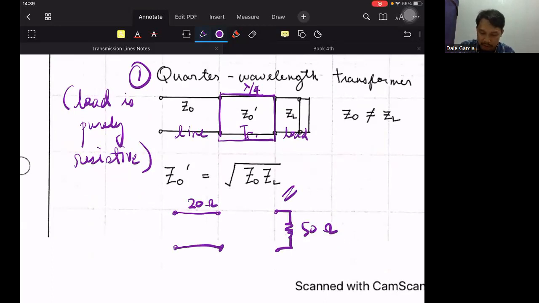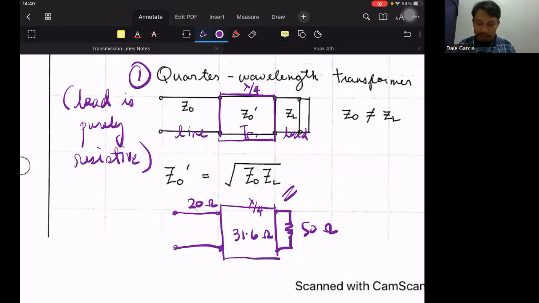So, 31.6 ohms is the impedance of our quarter wavelength transformer. So this first solution is if the load is purely resistive.